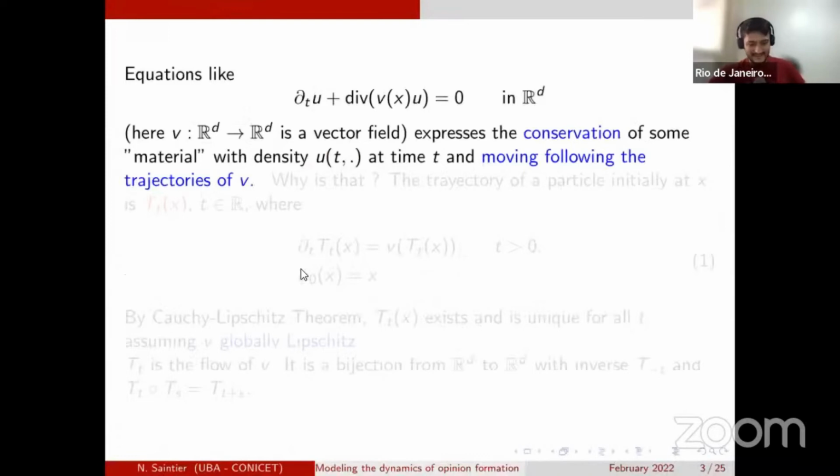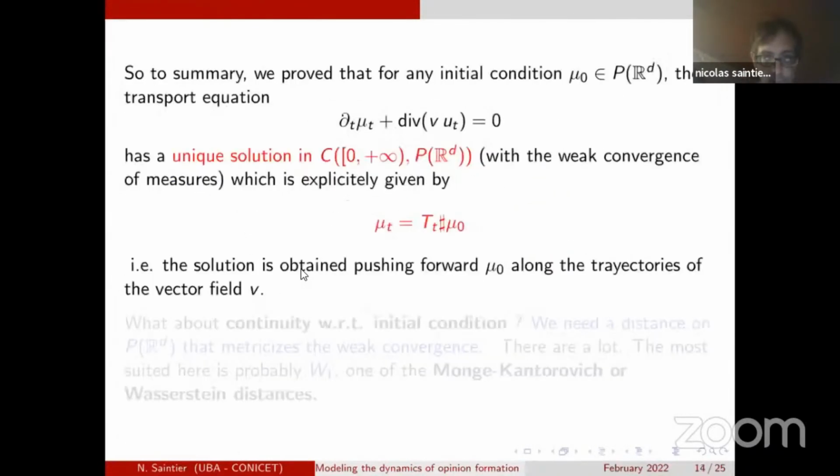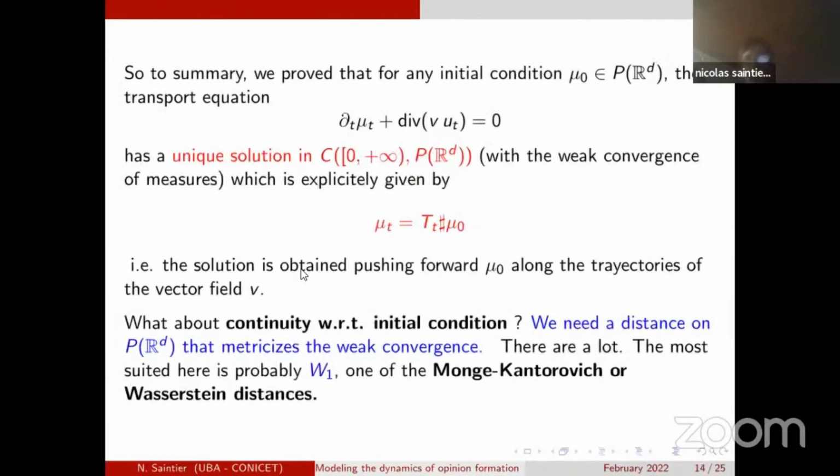So let's go back to this issue of having some continuity with respect to the initial condition, which means that if I have two initial conditions, mu naught and nu naught, I get the corresponding solutions, mu t and nu t.